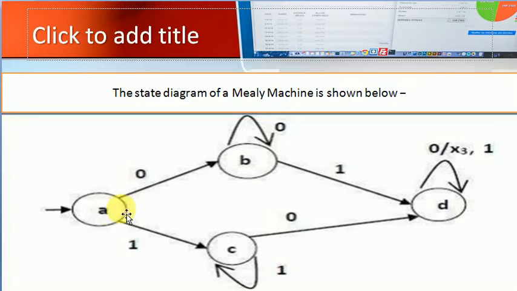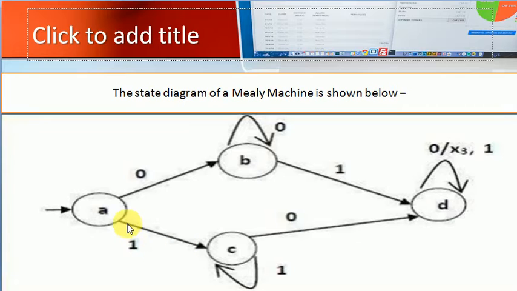Now there are two outputs from this A. Firstly, when we give the input 0, we reach from A to B. When we give the input 1 to A, we reach from A to C. Similarly, from every state we can go to another state on giving the input 0 or 1.